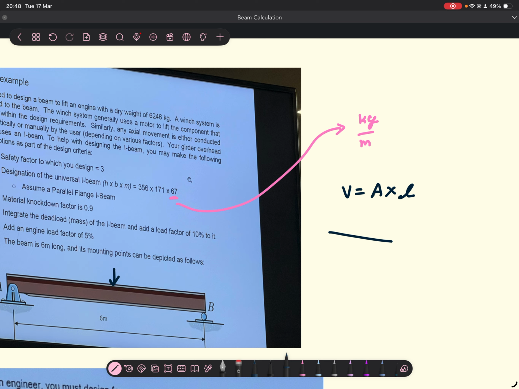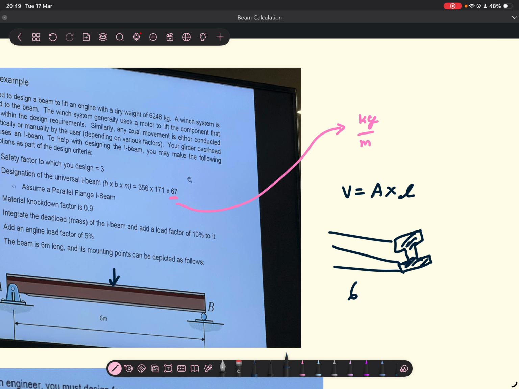So let's say we had our I-beam, as the question tells us. It has a length of 6 meters, and then we need to calculate this area here, and then multiply that by the density of steel to get the mass of the beam.